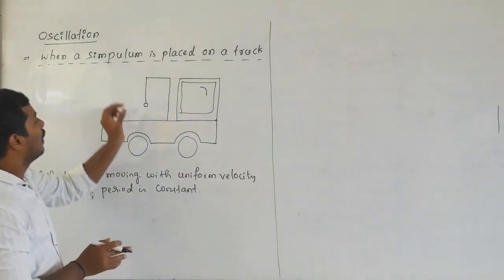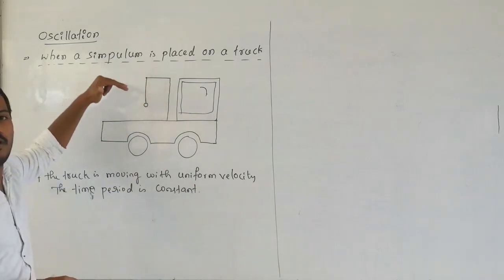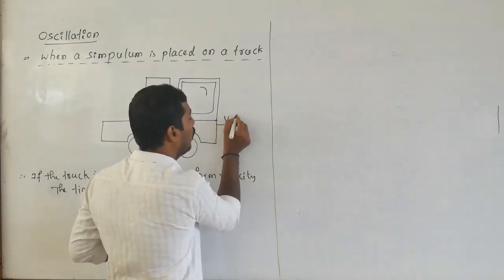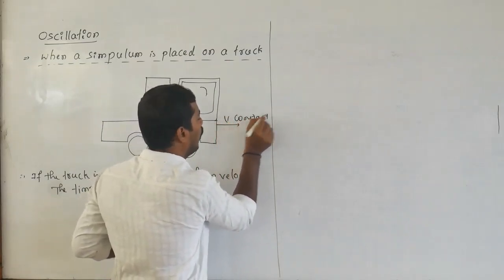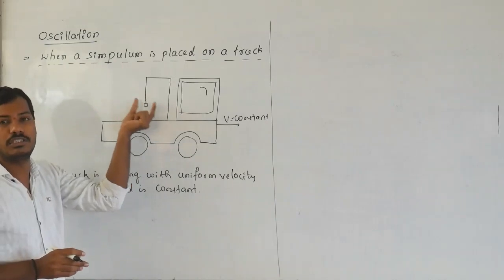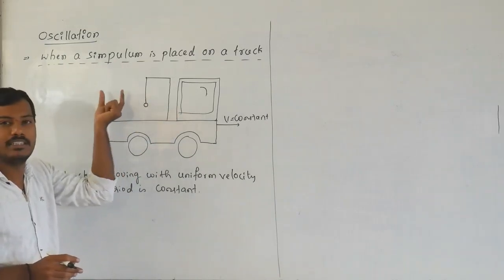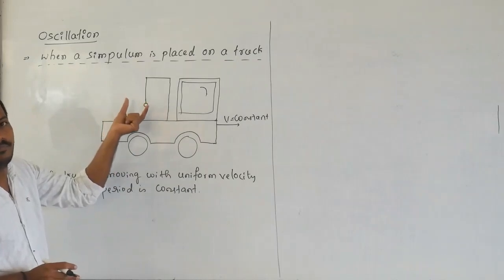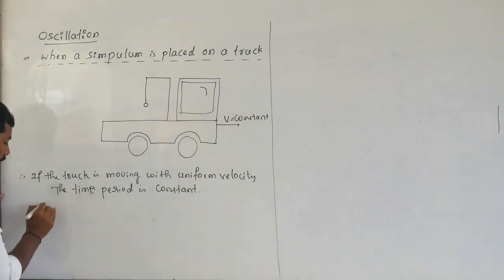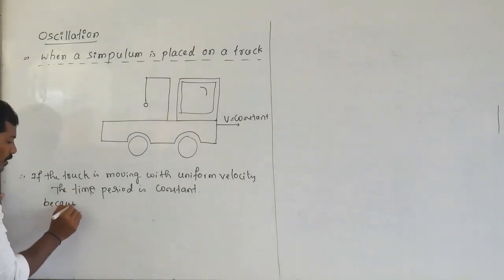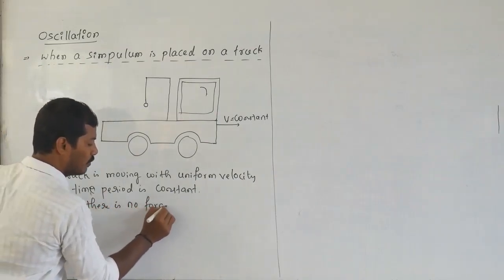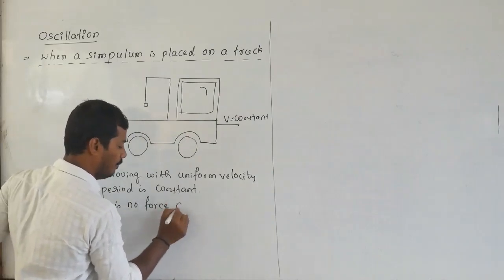There is the oscillation of a pendulum when it is moving with a constant speed. Then what happened? The oscillation of the pendulum is also constant, its time period and its displacement are always the same. Because there is no force acting on the pendulum.